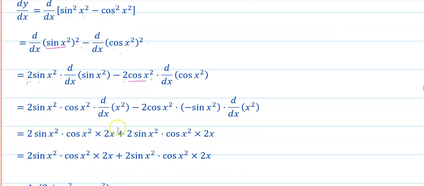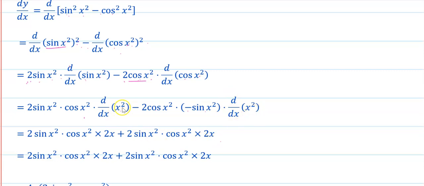Okay. Now, what is the derivative of sin? It's cos. Similarly here, derivative of sin of x square is cos of x square. Again, derivative of this x square, d/dx of x square. Similarly here, minus 2 times cos of x square as it is. Derivative of cos of x square is minus sin of x square into d/dx of x square. The derivative of x square is 2x.